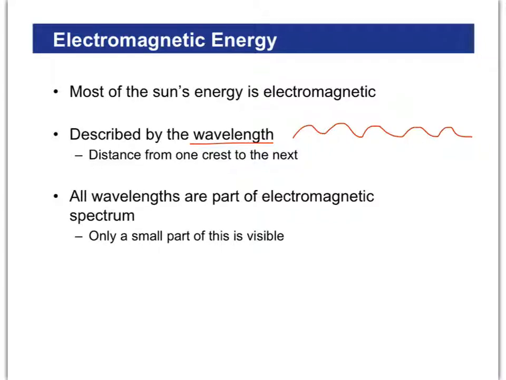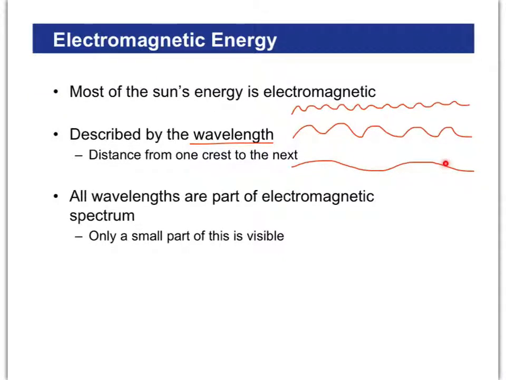How is that wave different from this wave or this wave right here? Well, you can see that their wavelength is different. They're all the same type of thing, but they have different wavelengths. You have a lot of little wavelengths right here, this is a medium wavelength, and here's a really long wavelength.